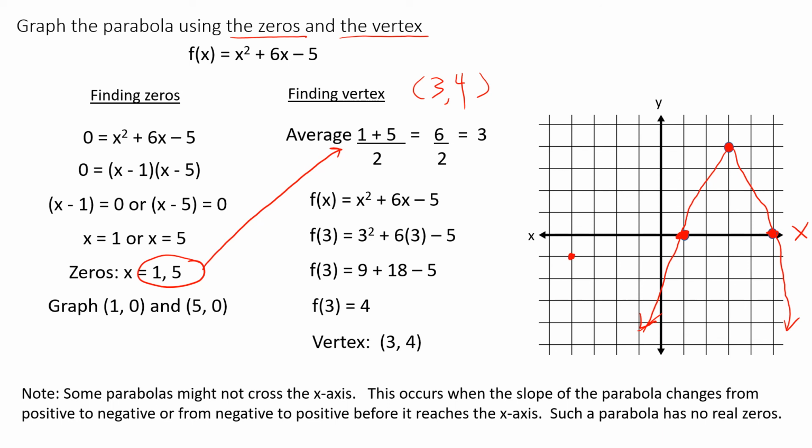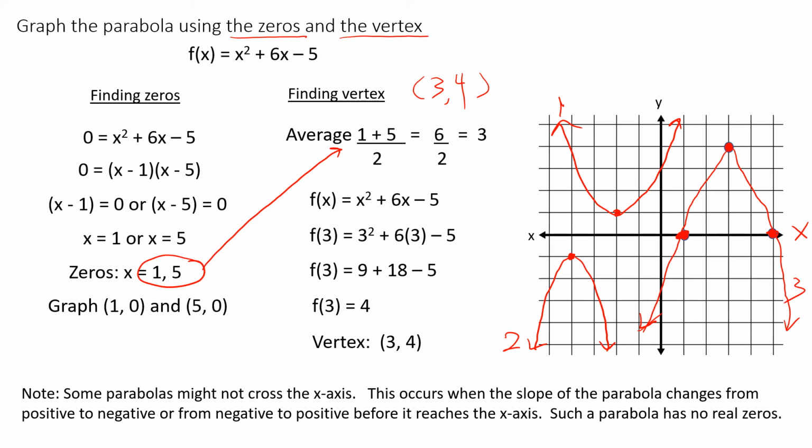What if this was the vertex? It doesn't cross. Or maybe my parabola might start here and go this way. But you see that parabola 1 and parabola 2 are not crossing the x-axis like parabola 3.